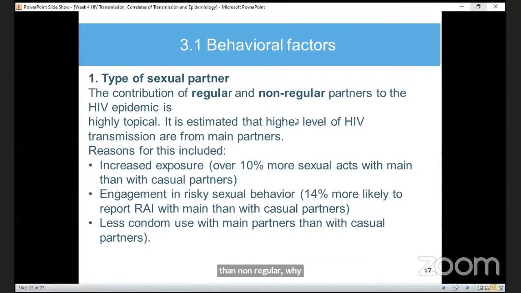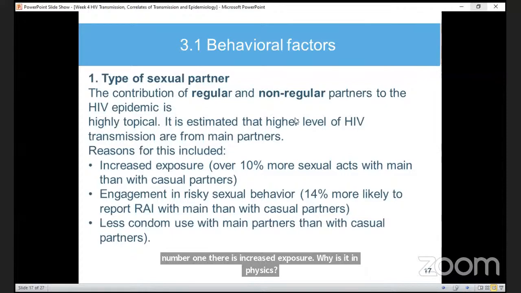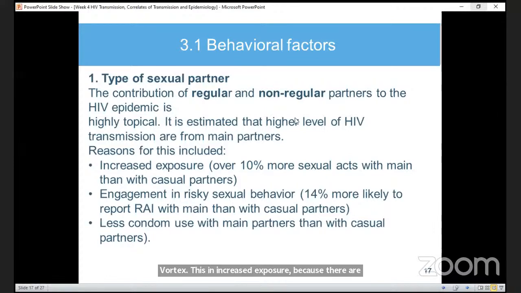So for the main, the regular partner, why is the transmission high? It is high because, number one, there is increased exposure. Why is there increased exposure? Because there are more sexual activities with this person.